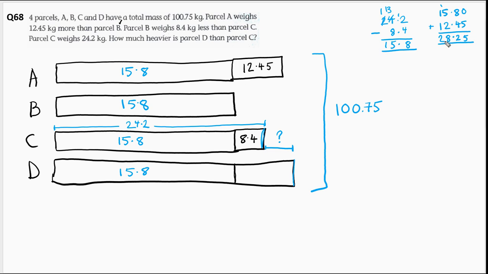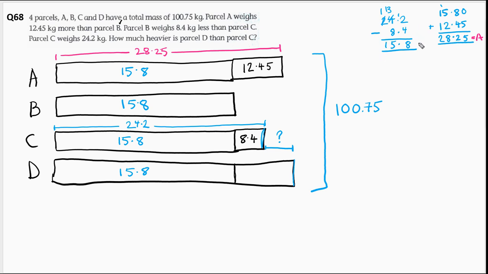So the total of A has a value, I'm going to put this in pink, of 28.25 kilograms. All right, so 28.25 is all together, and I can put that over here if I want to keep track of what my calculations are for.